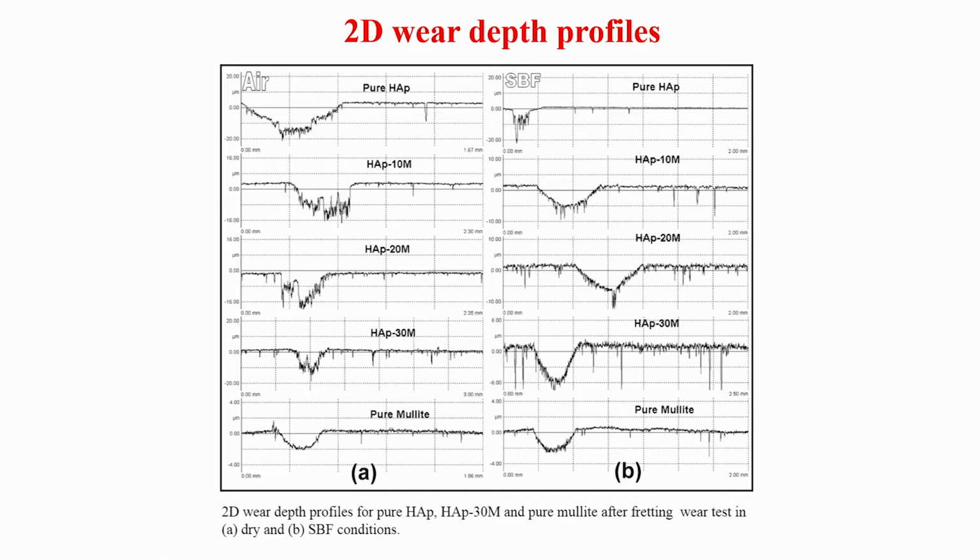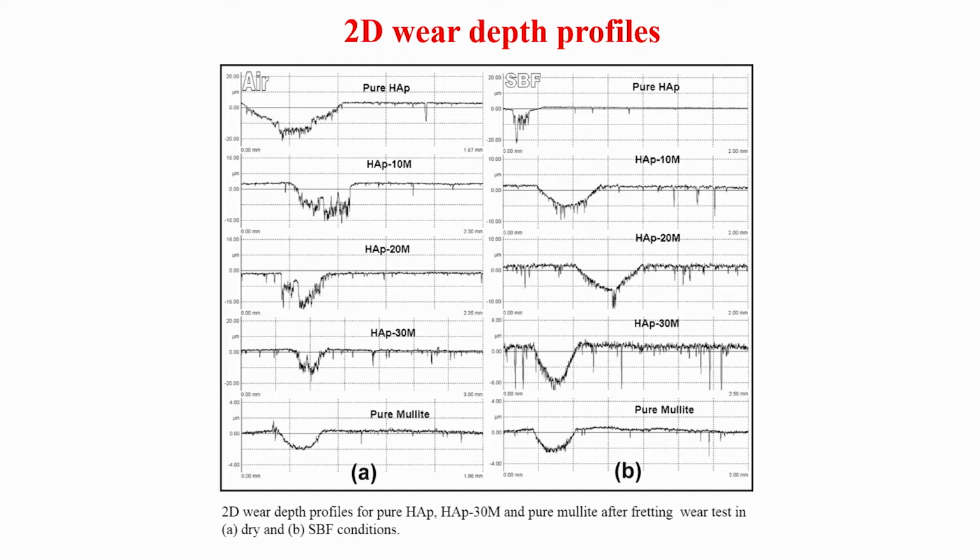The top one is the hydroxyapatite without any mullite. Next one from the top is hydroxyapatite 10% mullite, then 20M means 20% mullite, 30M means 30% mullite, and then the last one is pure mullite.